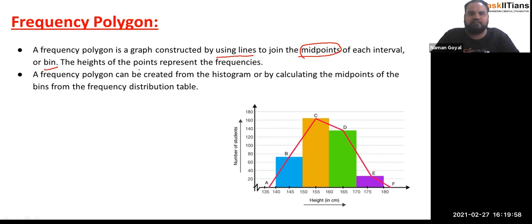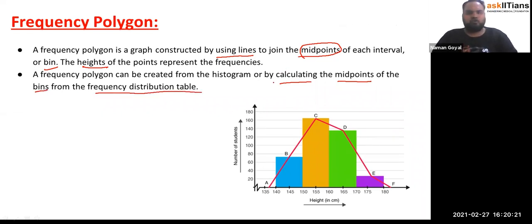The heights of the points represent the frequencies. What does the height of that point represent? The frequency of that particular data. The frequency polygon can be created from the histogram or by calculating the midpoints of the bins or intervals from the frequency distribution table.